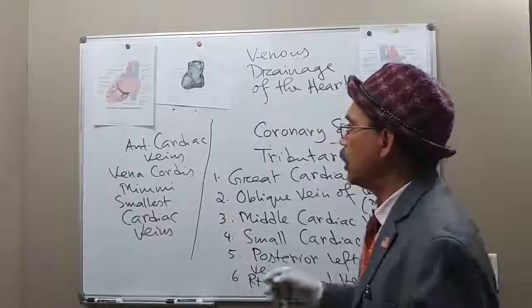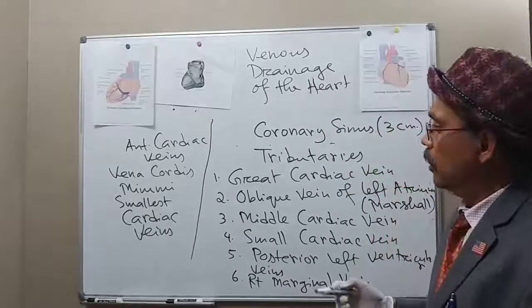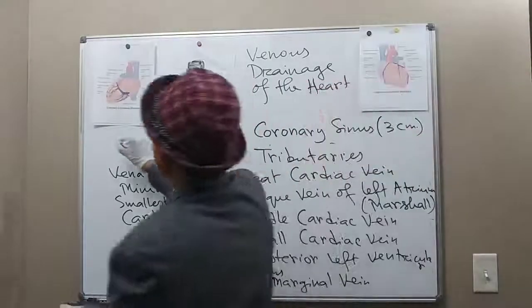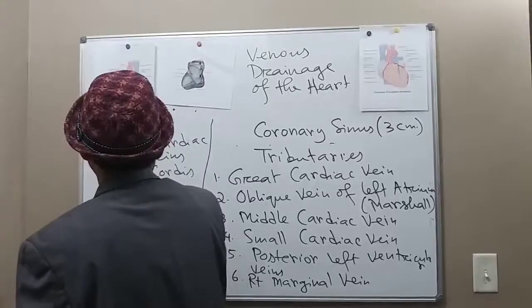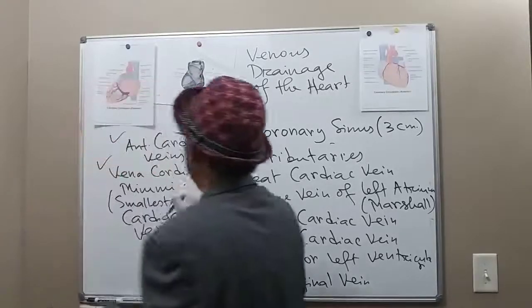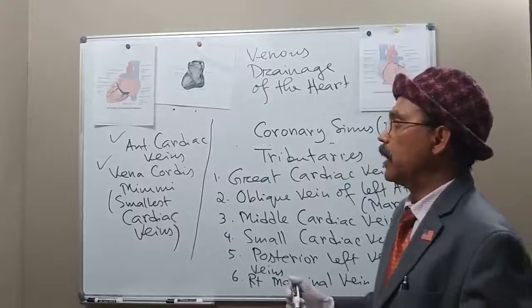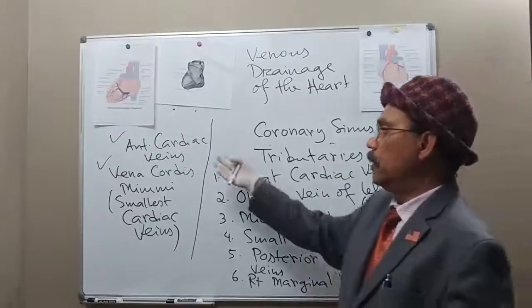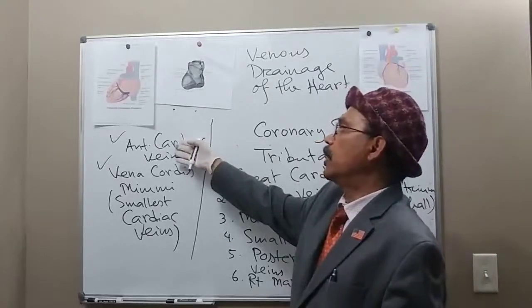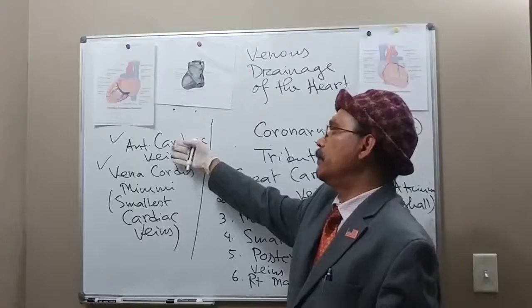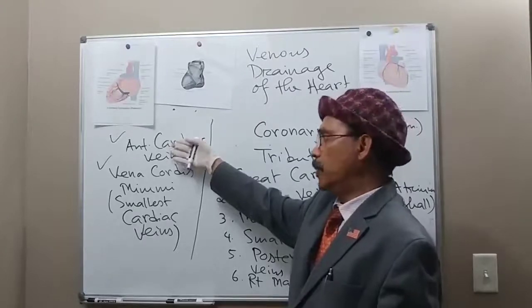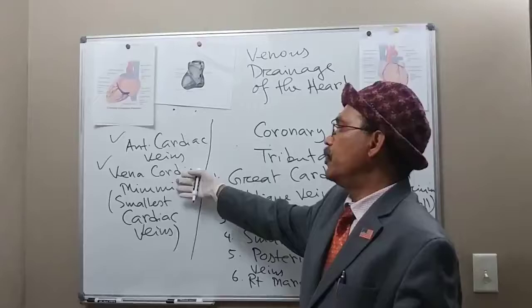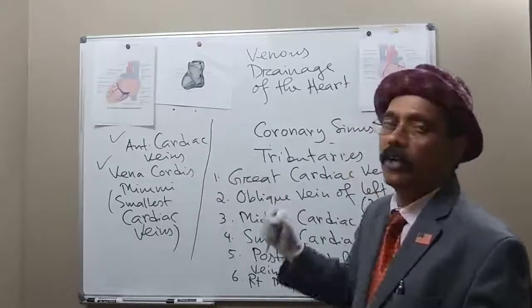These anterior cardiac veins or venae cordis minimi may open directly into the heart chamber, especially the anterior cardiac vein, which opens into the right atrium. We may have 2, 3, maybe 4. Venae cordis minimi are multiple, very small veins.